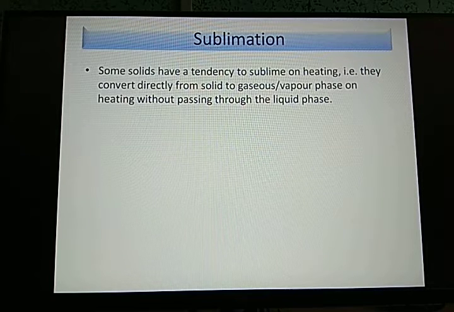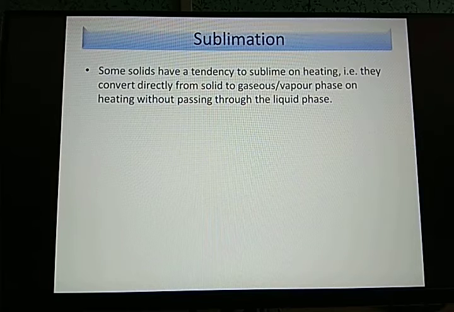Normally, when we heat a solid, it converts to liquid, and if we continue heating it will convert to gas or vapor. But the substances which show this sublimation process do not convert to liquid. Instead they convert directly to gas or vapor. Clear?